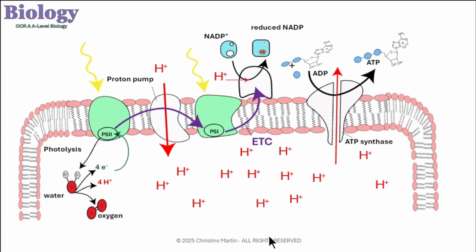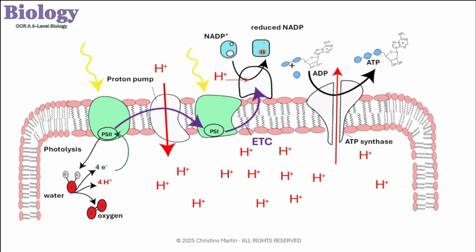What's actually happening is quite complex, but let's see if we can figure this out. The photon of light can be absorbed by both photosystems simultaneously, allowing each reaction center to donate excited electrons to the electron transport chain.